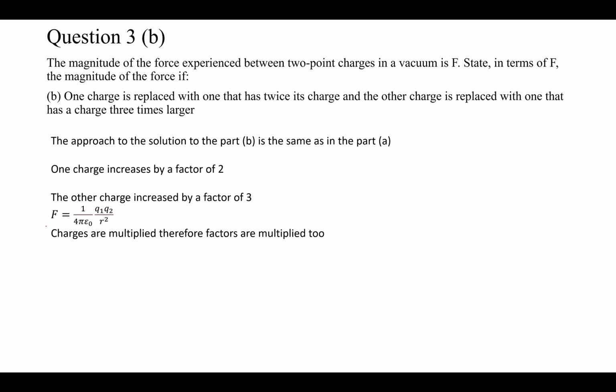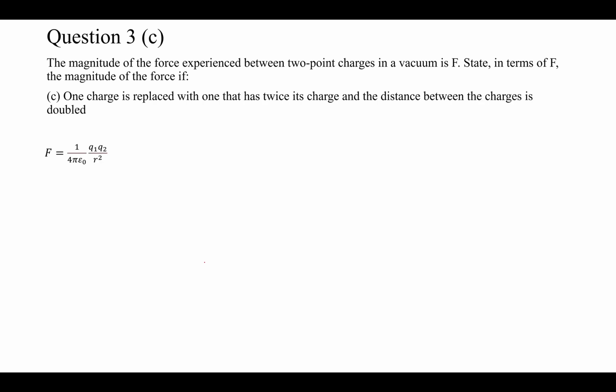We're going to write the Coulomb's law here, and if we have a look, charges, which is Q1 and Q2, are multiplied. Charges are multiplied, therefore factors are multiplied too. Okay, charges. So total factor increase is 2 multiplied by 3 equals 6. Force is increased by a factor of 6, therefore force multiplied by 6, and the answer is 6F.